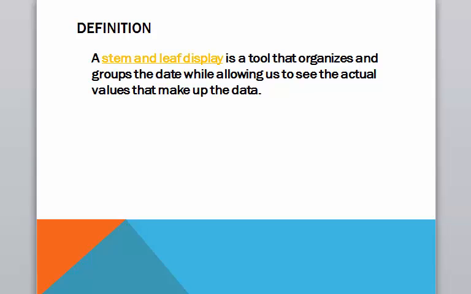Typically, if we have a data value of 35, we will allow part of the number to be the stem, normally the first digit, and we will assign part of the number to be the leaf, typically the second digit.